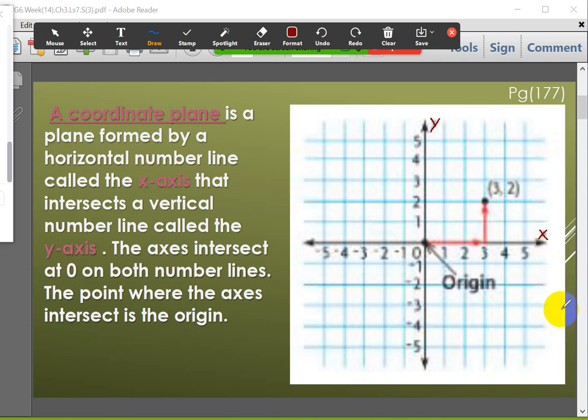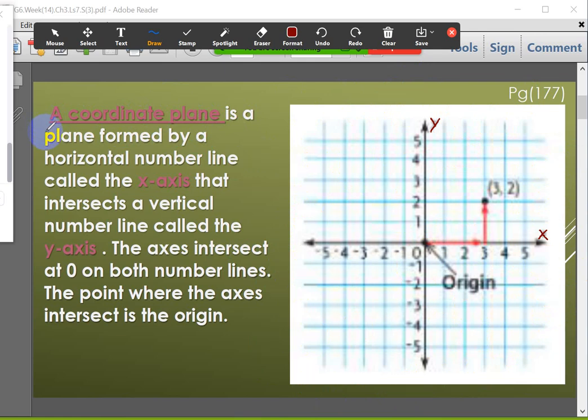Okay, so the axes and the origin together make a coordinate plane.